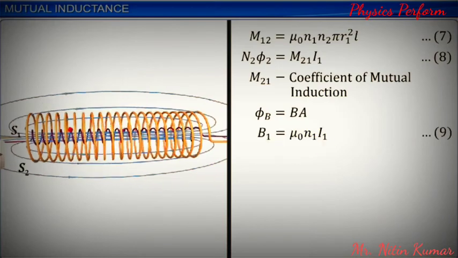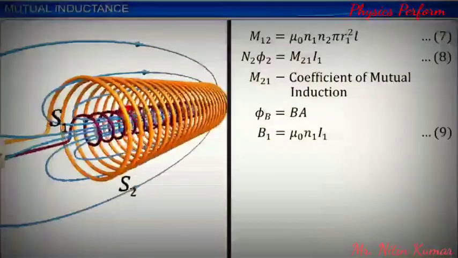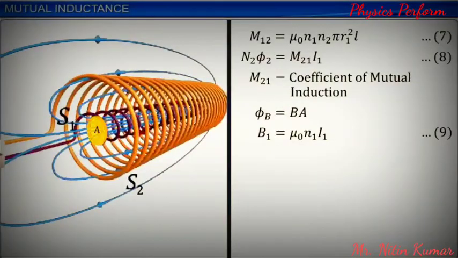Area of the coil in solenoid S1, A, is equal to pi R1 square. Let this be equation 10. Here, we assume the flux due to current I1 through S1 is completely confined to the solenoid S1 only. This is because the solenoids are very long.